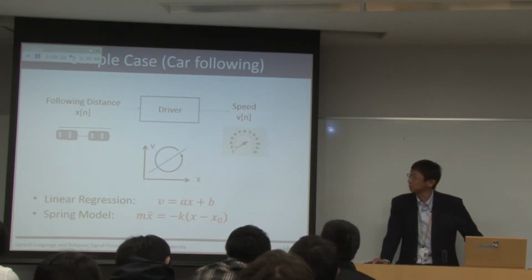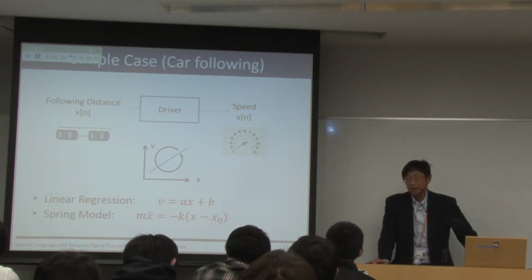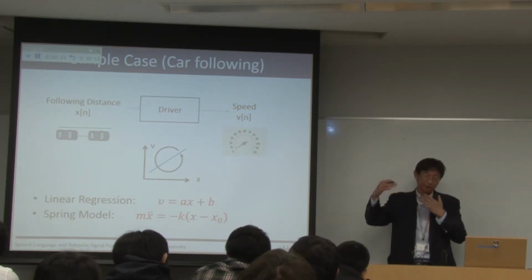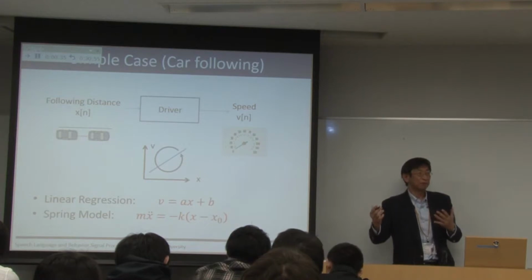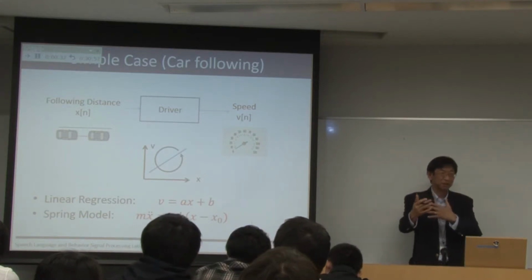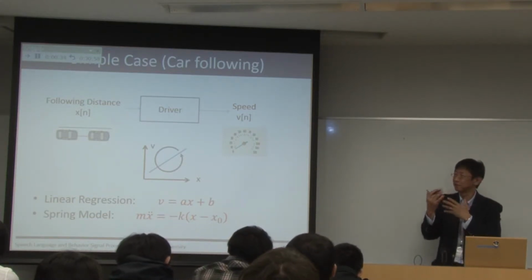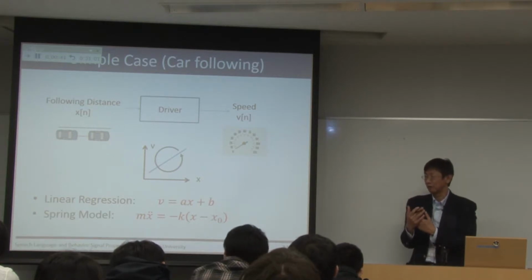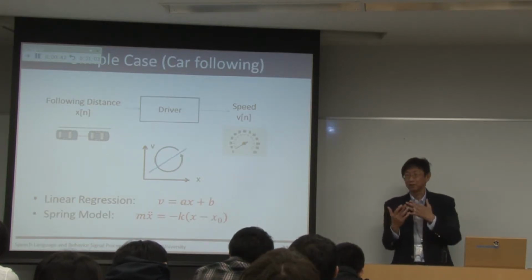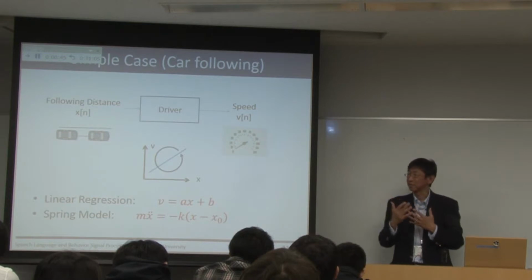And if the range gets longer, you probably accelerate in order to catch up with that vehicle. And if the range is shorter than you are hoping, then you decelerate in order to keep the distance.